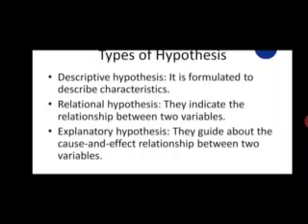Say for example, we want to analyze the cause and effect relationship between incentives and motivation, that how incentives are increased and how does it influence the motivation level. So this type of hypothesis is called the explanatory hypothesis, which we use in research to check the cause and effect relationship between the two variables.